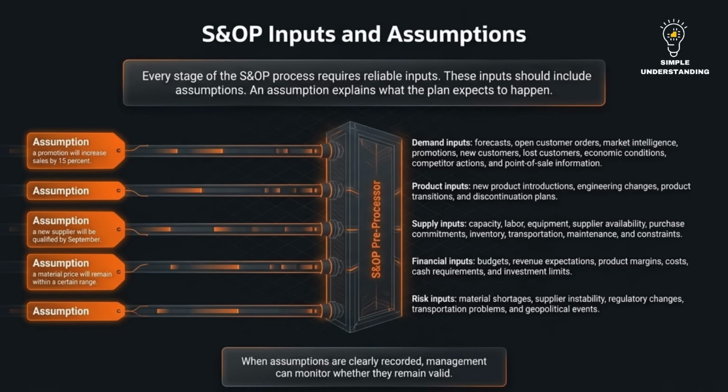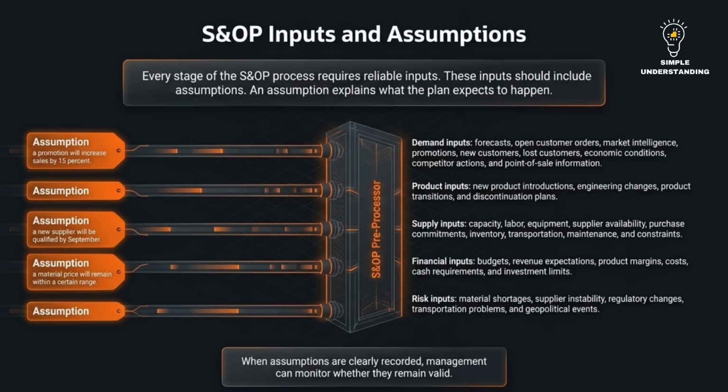Supply inputs may include capacity, labor, equipment, supplier availability, purchase commitments, inventory, transportation, maintenance, and constraints. Financial inputs may include budgets, revenue expectations, product margins, costs, cash requirements, and investment limits.